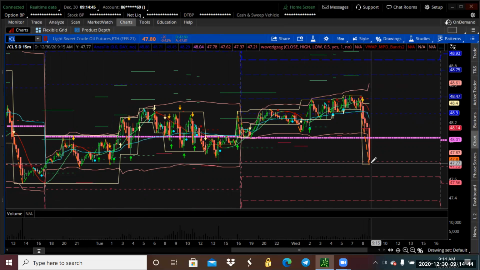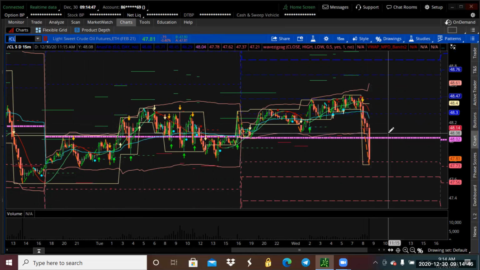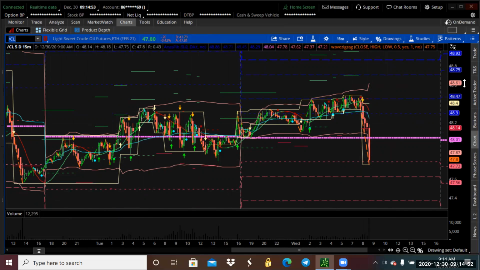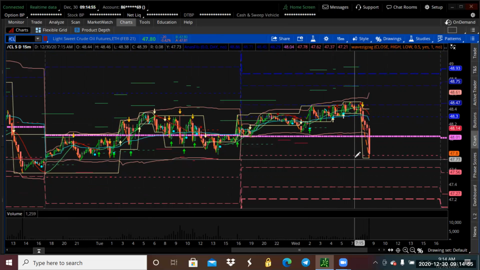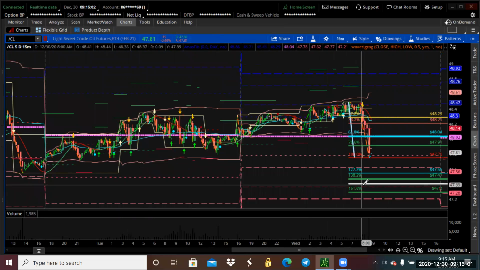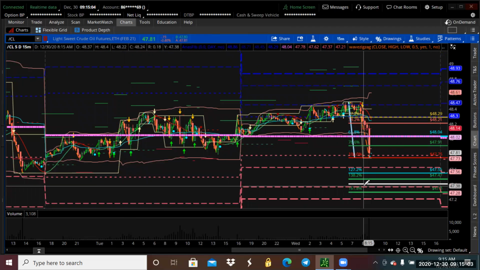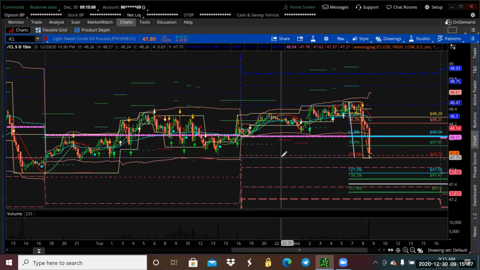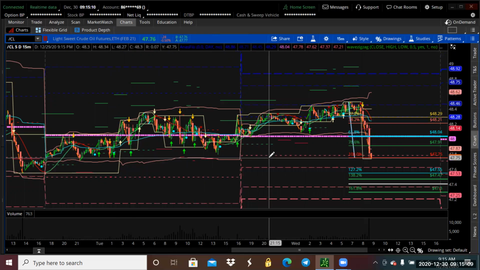We could probably resume it to 48.08 or 48.30 on the crude. But if we did go lower on the crude, this would go to 47.55 to 47.30.